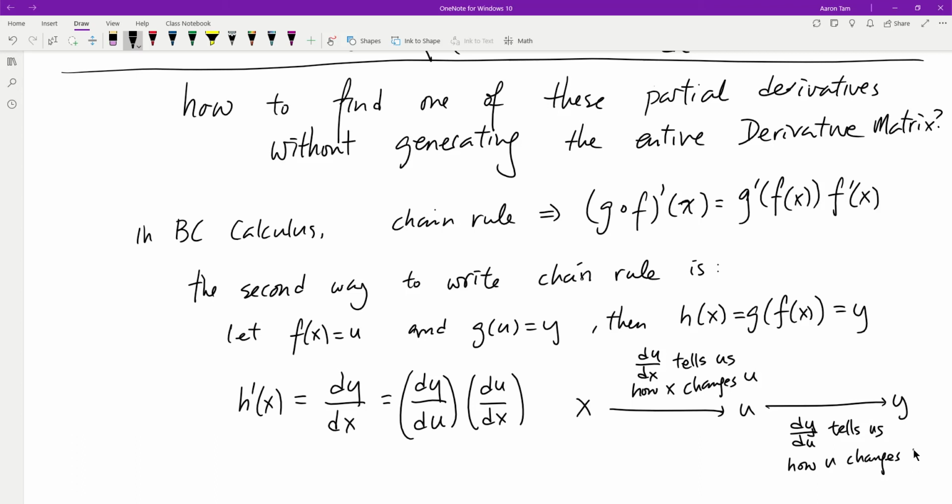So when I chain them together, which is why I call it chain rule, I can now talk about x changes u, which then changes y, by combining du over dx and dy over du together.